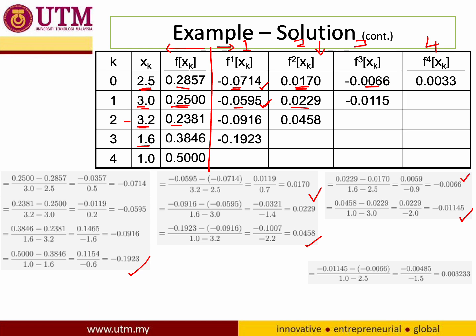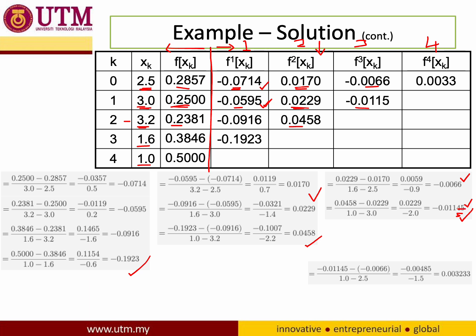And so on. This one, 0.0458 minus 0.229 divided by 1.0 minus 3.0. Okay, so we get this one. This is the answer. So actually this will be 0.015. Right.